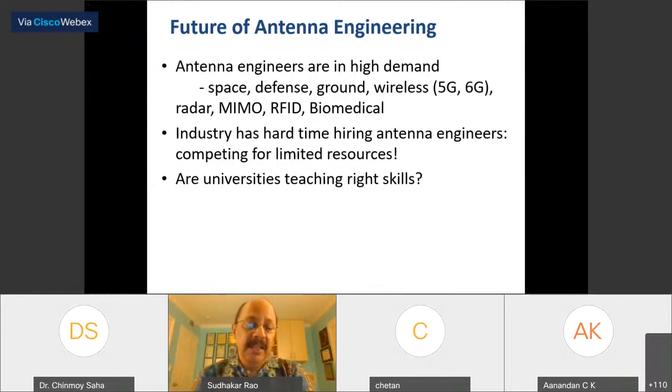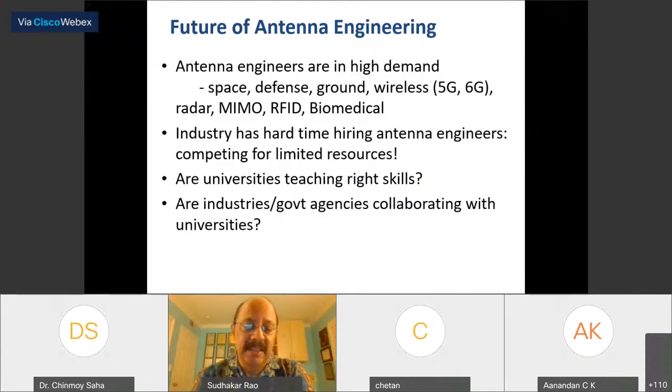Another question is, are universities teaching the right skills to make engineers fit for the industry? On the other hand, are industries and government agencies collaborating with universities so that they can directly hire the students once they become interns? That's a scheme we have at Northrop Grumman.